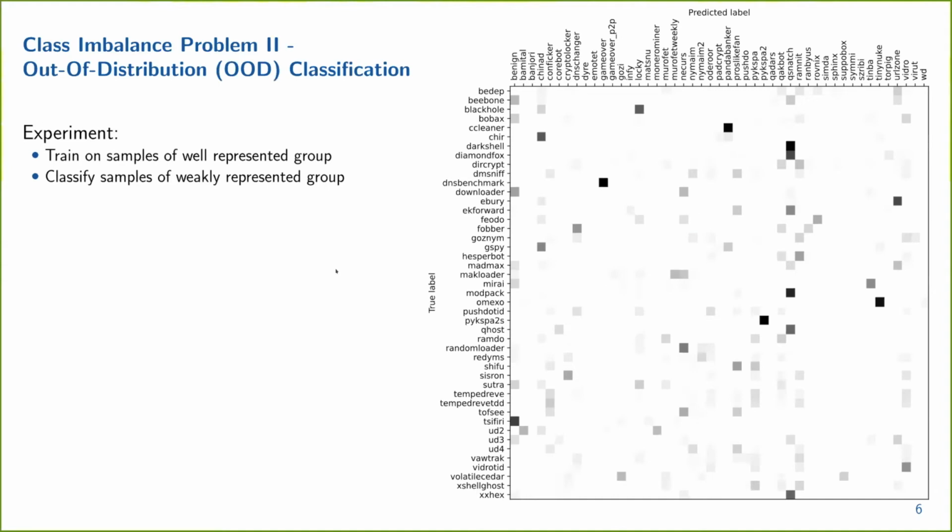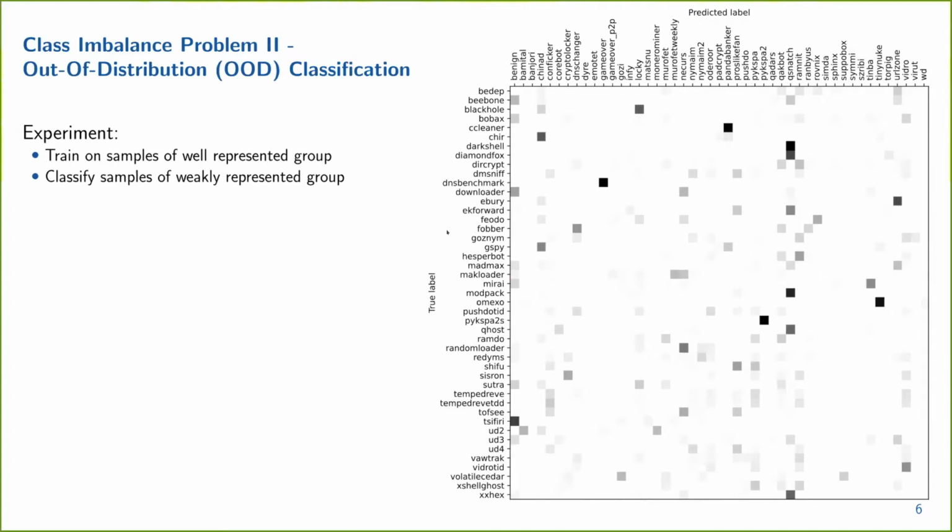On the other hand, if we would omit these samples, then in a real world, the classifier would still have to deal with them because they can appear in a real world network. And therefore, to model this, we did an experiment in which we trained the classifier on samples of the well-represented group, and we classified samples of the weakly represented group. So these are the classes we left out, and these are the classes we trained on.